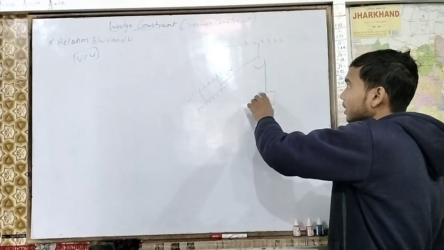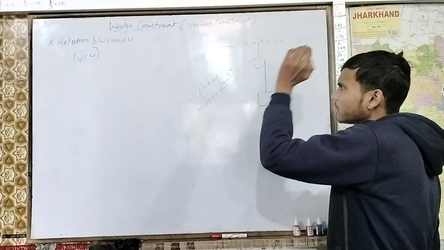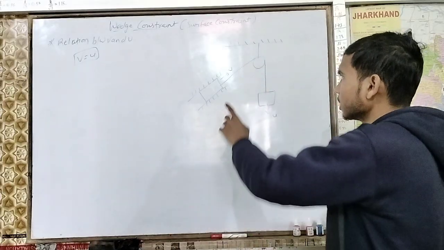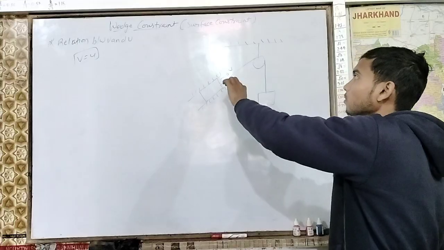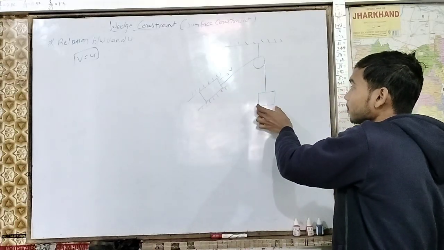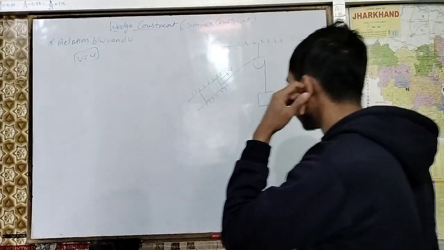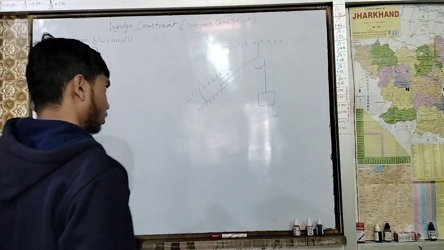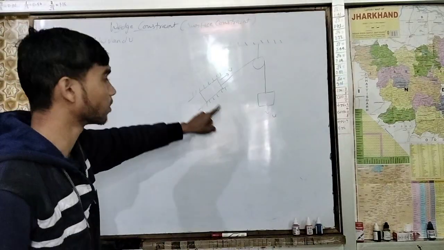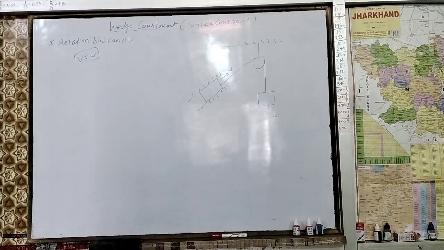It means whatever velocity block A moves with, the second block will also move with the same velocity. Clear?